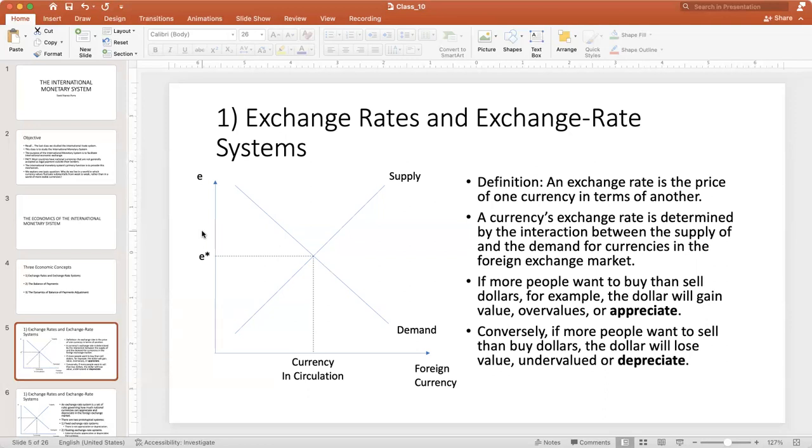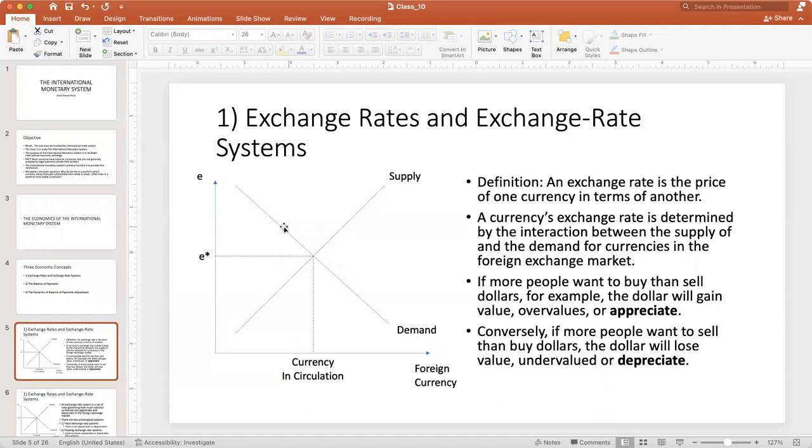So the price depends on the market, and there is a supply which has a positive slope, and a demand which has a negative slope. If the price is higher, so if your national currency buys more foreign currency, you are more willing to sell your national currency, because you are going to receive a higher reward.